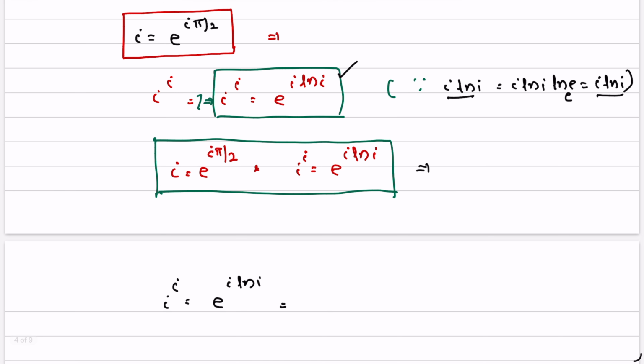From this, what is the value of ln i? i is equal to e to the power of i pi by 2.